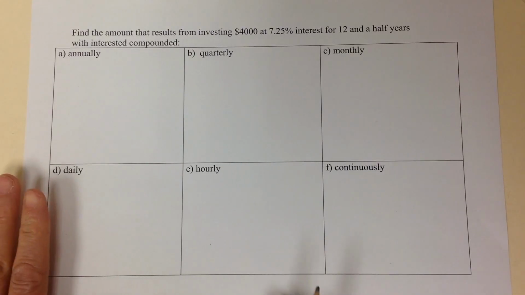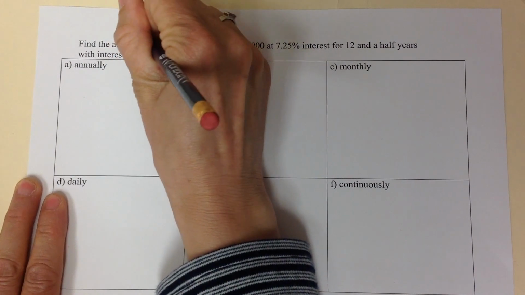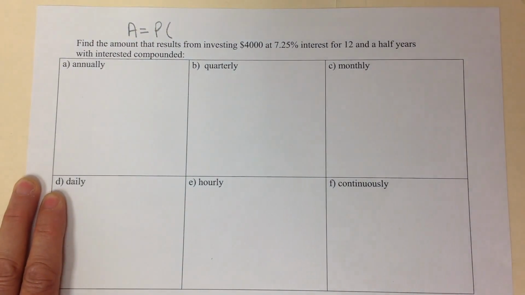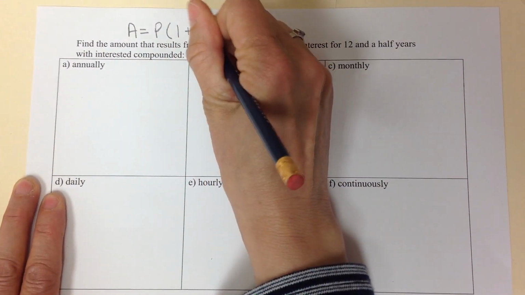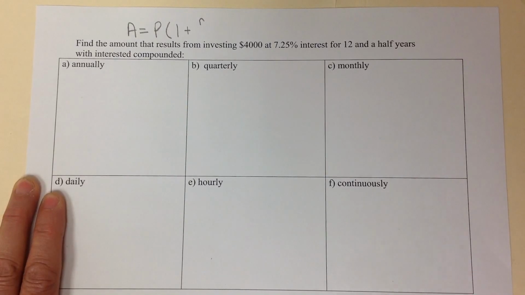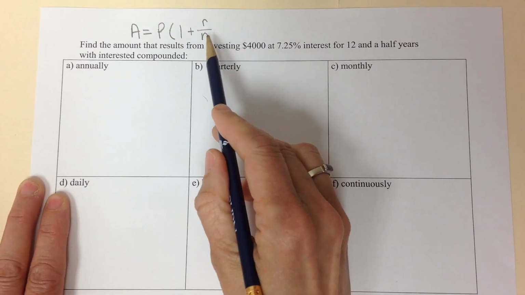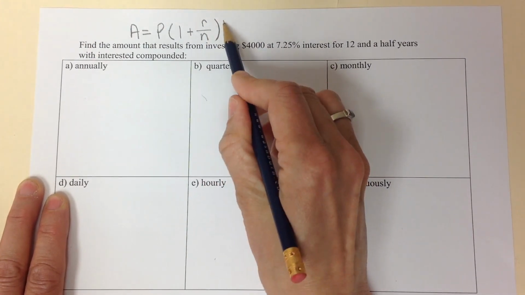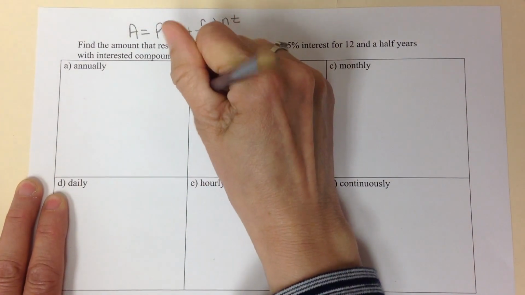So the main equation that we're going to use to start with is A, our amount at the end, equals P, the principal we put in to start, times 1 plus r, the rate in decimal, over n, where n is the number of times we compound in a year, raised to the n times t, where t is the time in years.